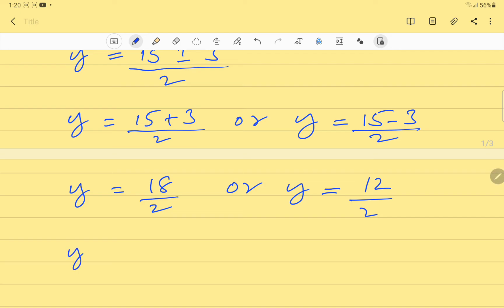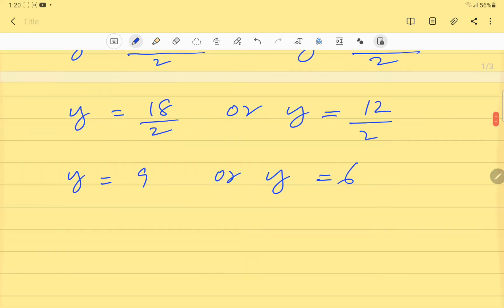So the final values of y are y is equal to 9 or y is equal to 6.